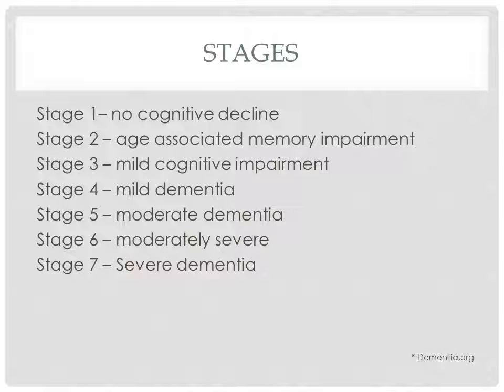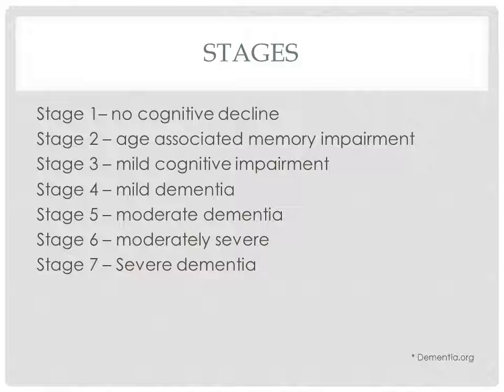They begin to develop defensive mechanisms to cover up symptoms. They become more disoriented, have difficulty recognizing people they know, have difficulty recalling their own personal history, and have a decreased ability to manage personal finances.